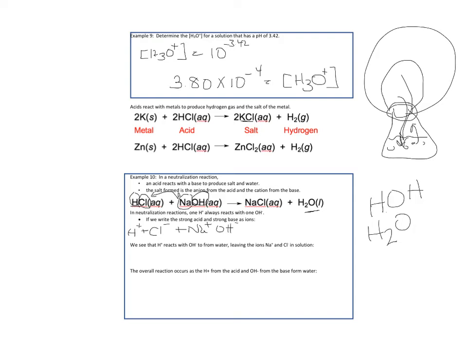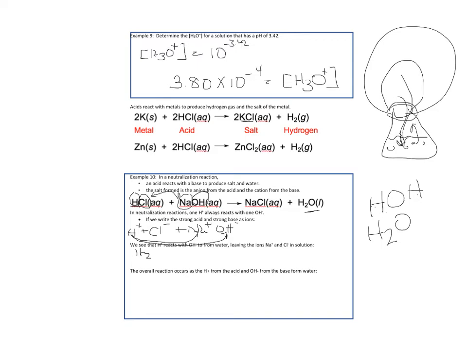Okay, those are my strong acid and strong base as ions. We can see then that the H plus is not going to react with the Na because they're both positively charged. Two positively charged things are going to repel each other. Instead, the H plus is going to react with the OH. So again, we have HOH, which is water. That leaves Na plus and Cl minus, which would form NaCl.